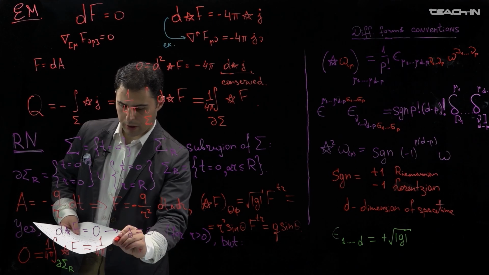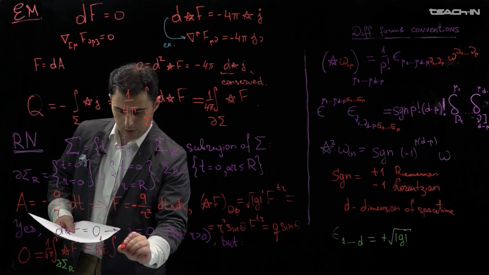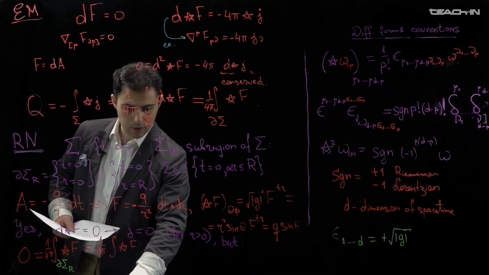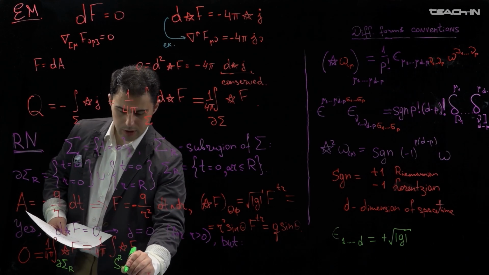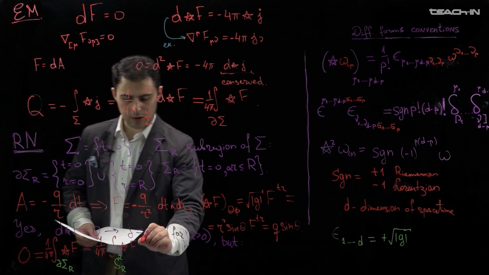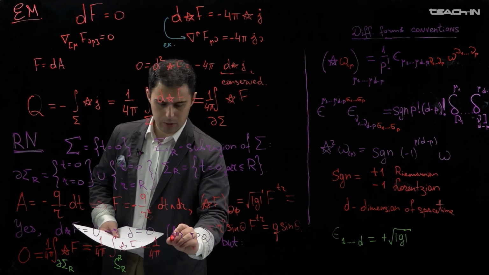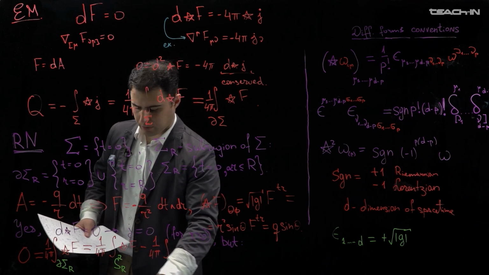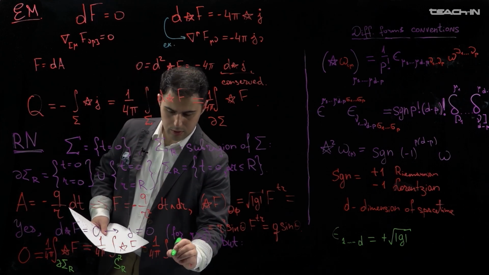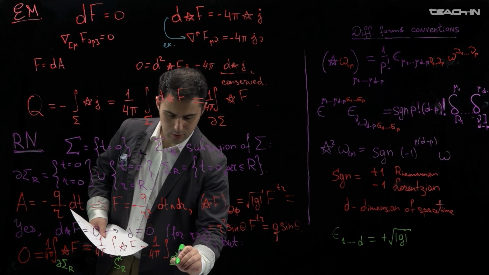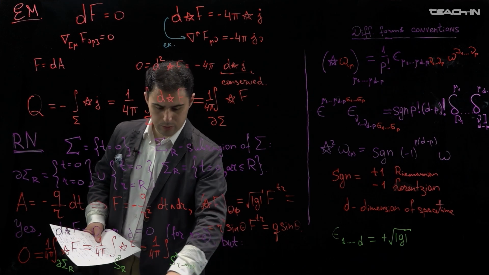We have 1 over 4 pi times the integral over the surface at R, the two-dimensional sphere at radius R, plus the integral, taken in its principal value, over the surface in the limit R going to 0.